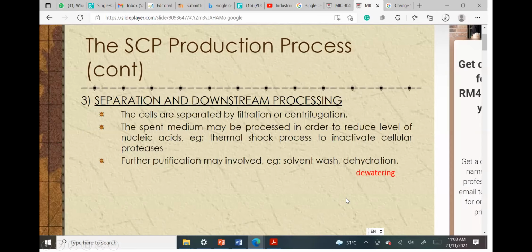Just now, following the medium preparation and fermentation, lastly is the separation and downstream processing, where the cells have to be separated from the medium using filtration or centrifugation. The spent medium, which is the liquid, we also call the supernatant. The liquid may be processed in order to reduce the level of nucleic acid, for example, using thermal shock, to inactivate cellular proteases.